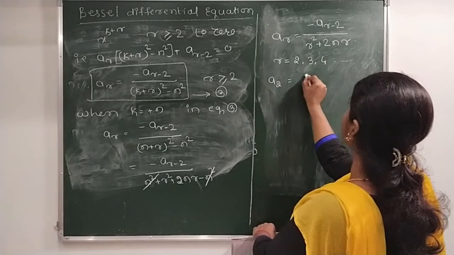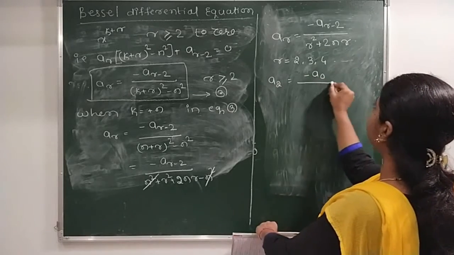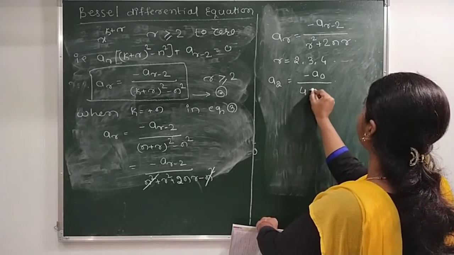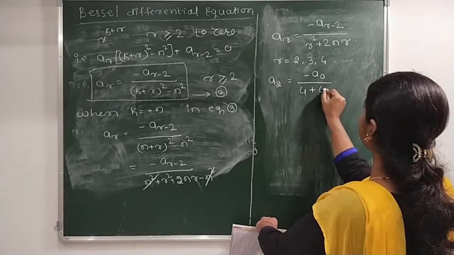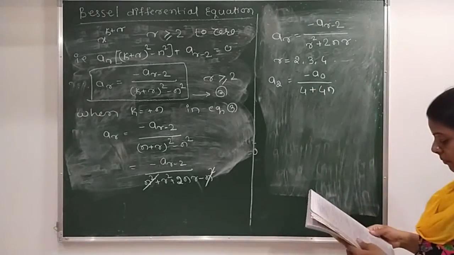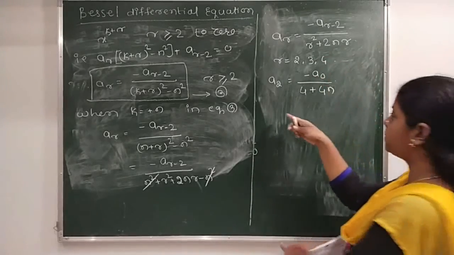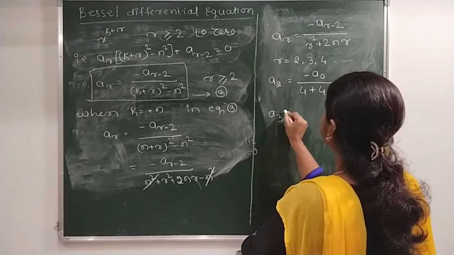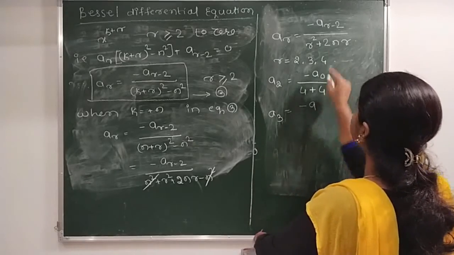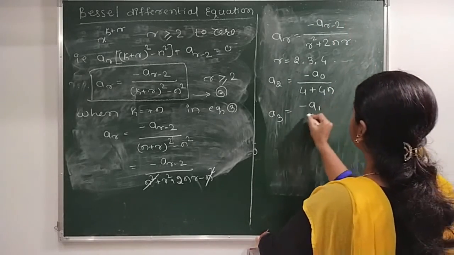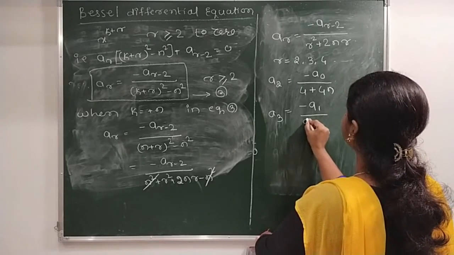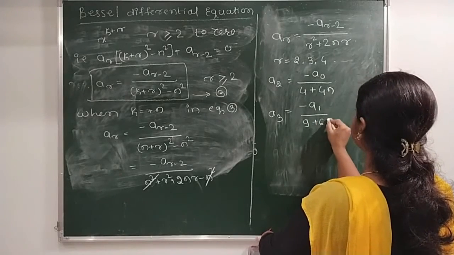A2 is equal to minus A0 divided by 4 plus 4n. Here A0 we did not make 0. That's why. A3 value: A3 is equal to minus a(3 minus 2), that is a1, divided by 9 plus 6n.